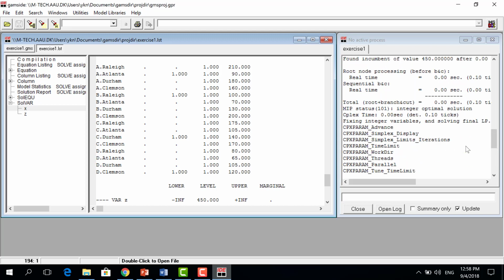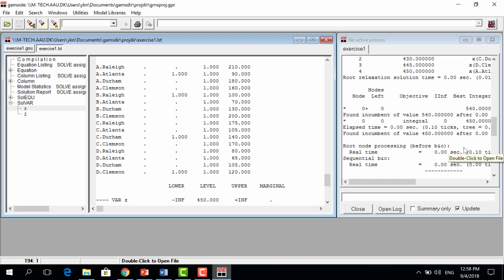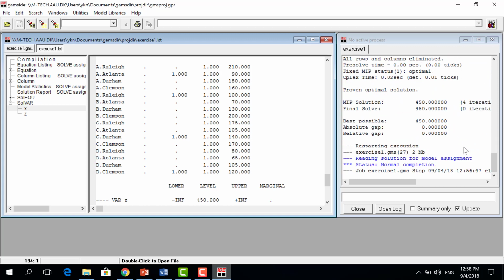Next time we will talk about other results that we can extract from this problem. But to this point, I think we have already solved the assignment problem in our class exercise.